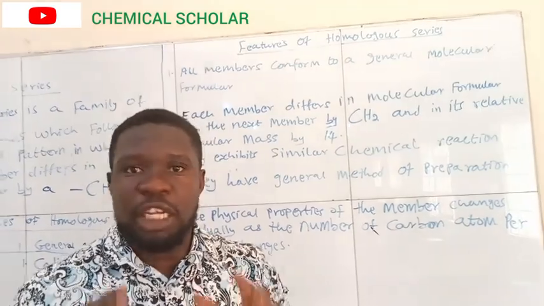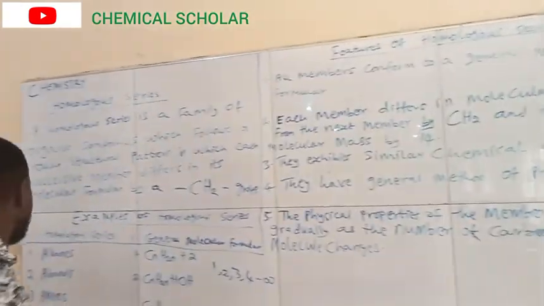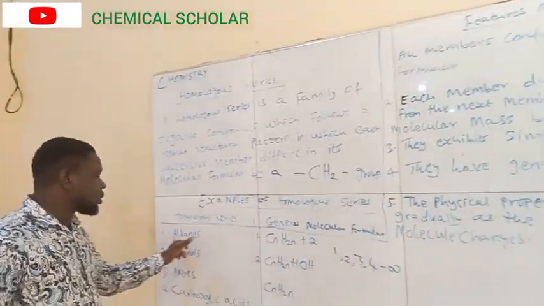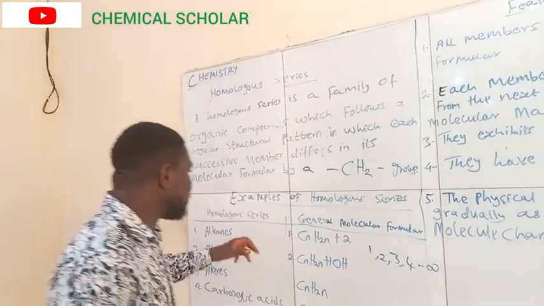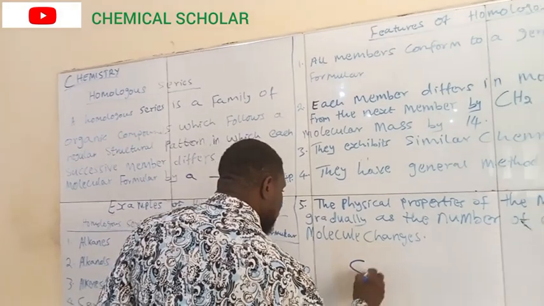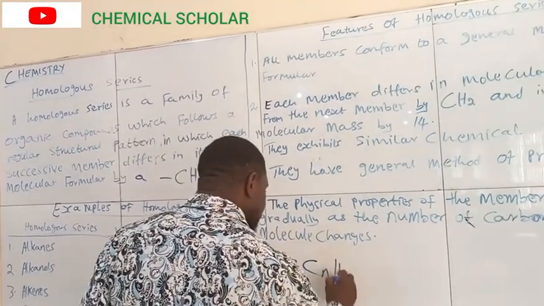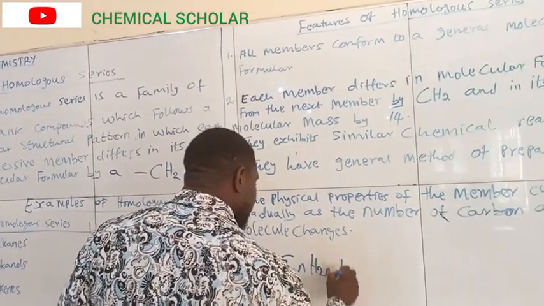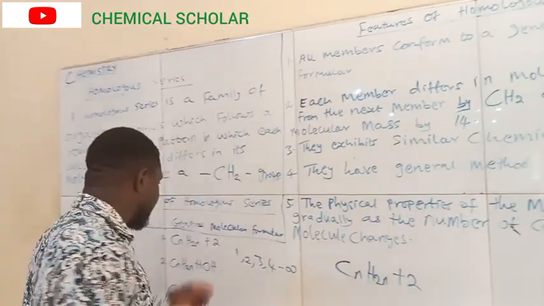For example, let's take the first family that I used as an example here, which is the alkane family. Here, we can see the general molecular formula to be CnH2n+2.